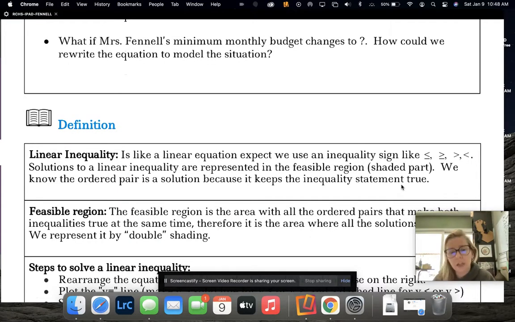So again, a linear inequality is just like an equation, except instead of using an equal sign, we're going to use something like this, an inequality symbol. Okay, and that represents that there are going to be even more solutions. They can be above the line, below the line, on the line. I mean, there's not technically more solutions because remember, there are infinitely many points on the line, but there's a greater region of solutions with inequalities.